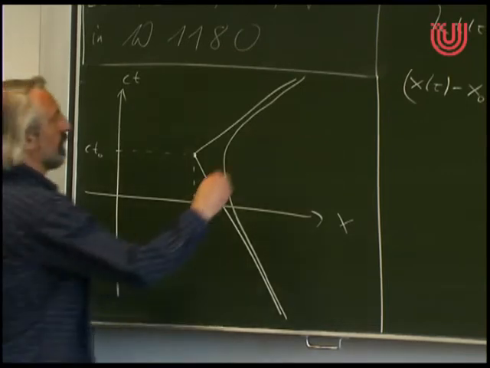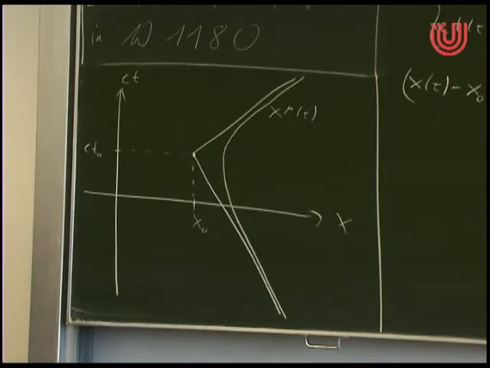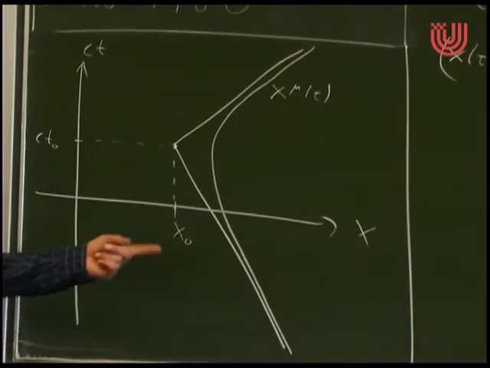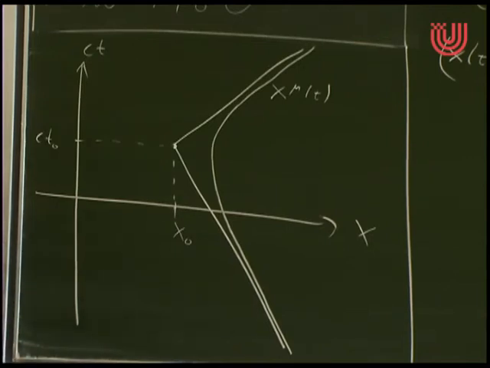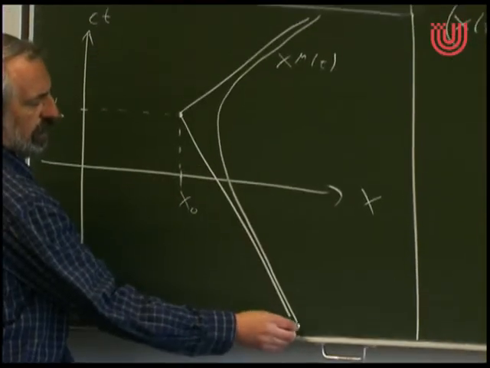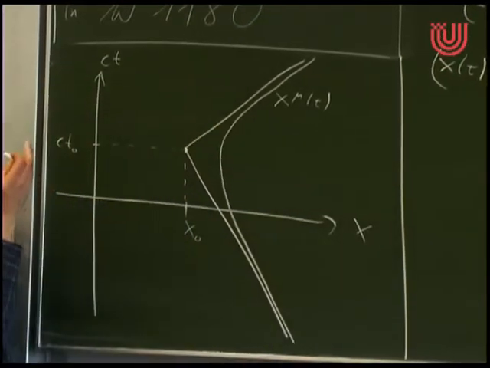So that would be our x mu of tau. And that's indeed something with a constant acceleration. The constant acceleration is in the positive x direction for this diagram. For the negative x direction, I would get something like this here with a negative a. For the positive a, the particle comes asymptotically with the speed of light. So it comes very, very fast from the positive x direction.